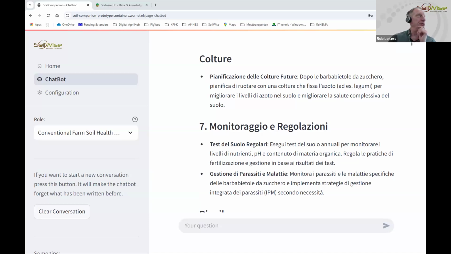So we're also thinking about finding a way to give access to the people that want to test this. So you probably then have to do some login to make sure that we don't get the whole world on our chatbot at the moment. But that's something that we will also arrange in the next phase. So the short answer is no, not yet, but we will make it available for people interested in testing.